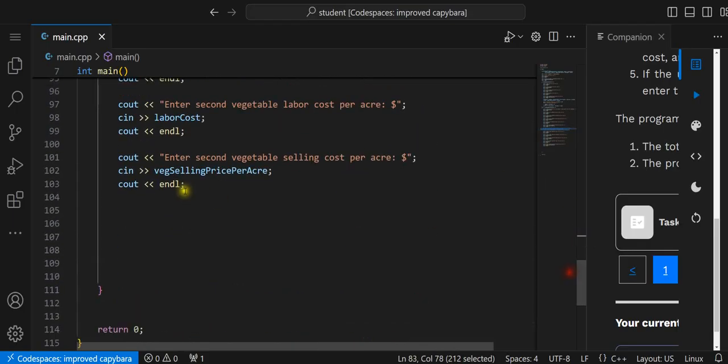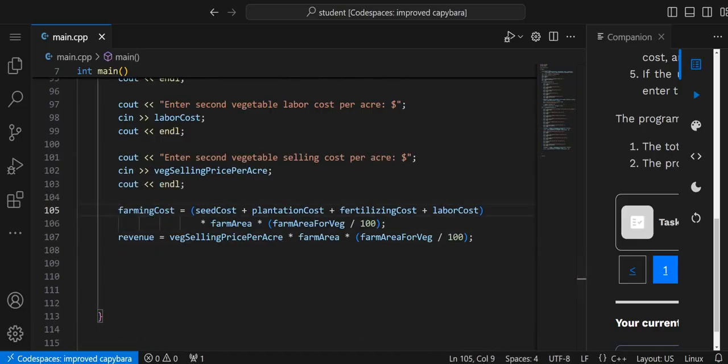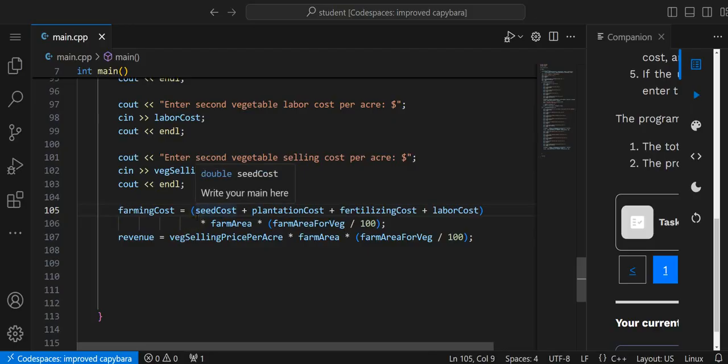Alright. Let's put this down. Copy and paste it. Let's make sure we get the exact same. So farming cost equals. So this is going to be a little bit different.